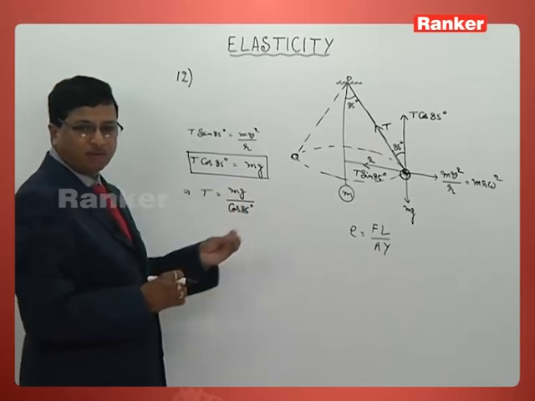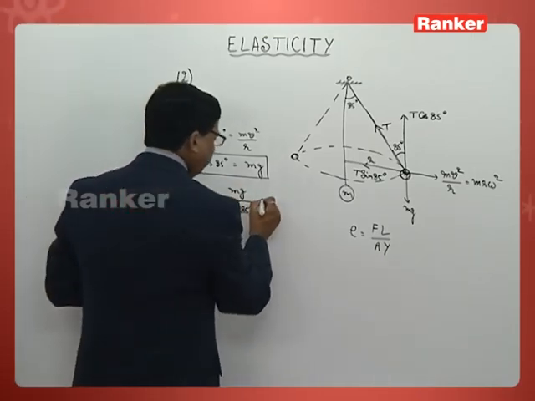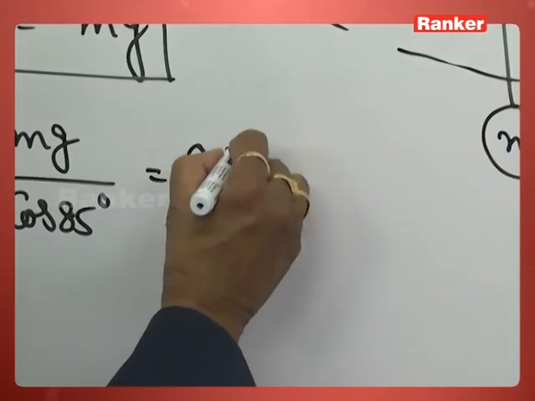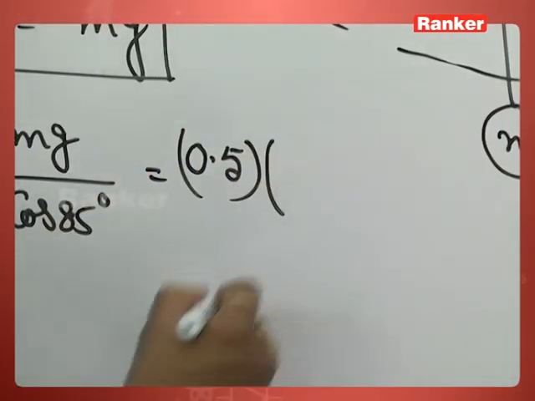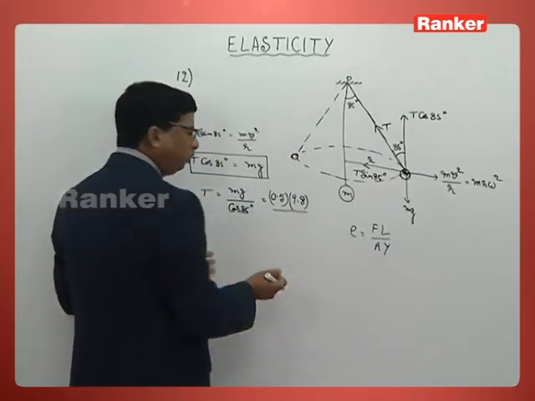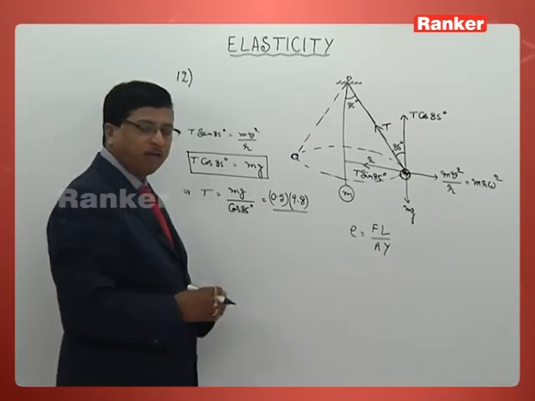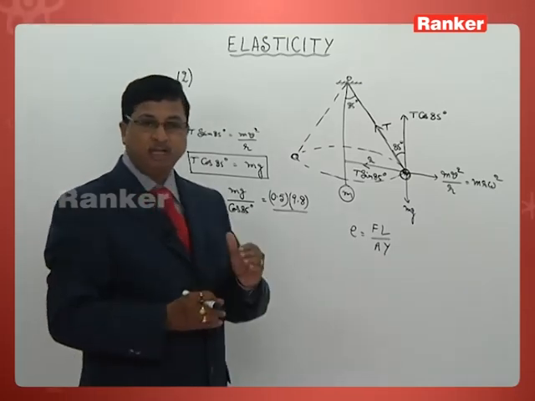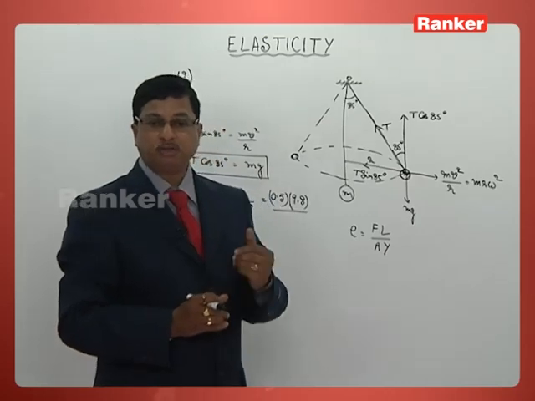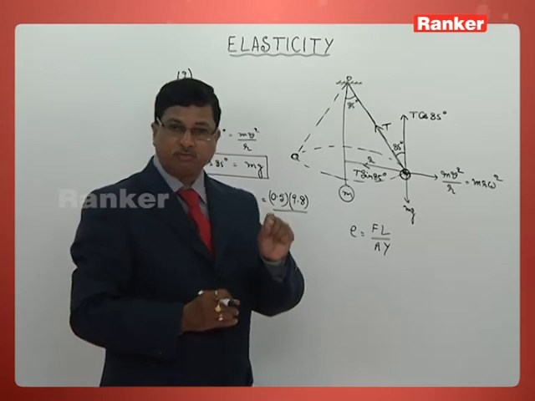What is the mass of the body that has been attached to it? It is given as 0.5, into g value 9.8, of course not given, but we know that value very well. But cos of 85 value he gave in the problem. What is that value given? 0.0872.